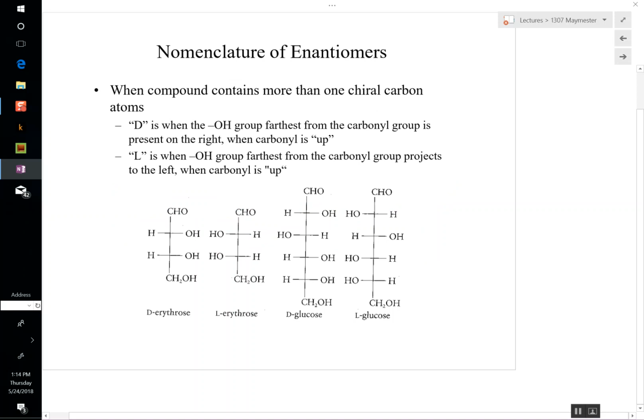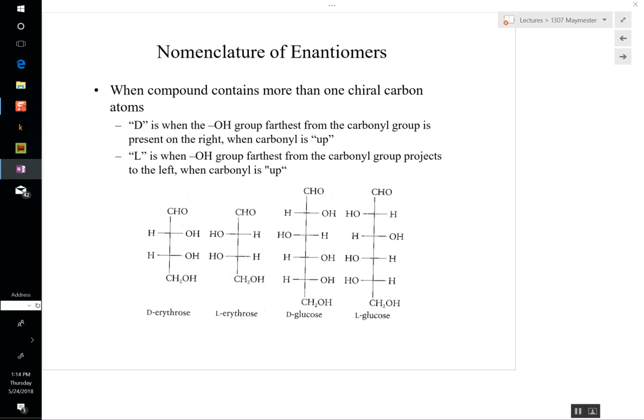So here are Fischer projections, drawing the molecule with Fischer. You can see here, we left the carbons off. You can just put what's on each side of the carbon.